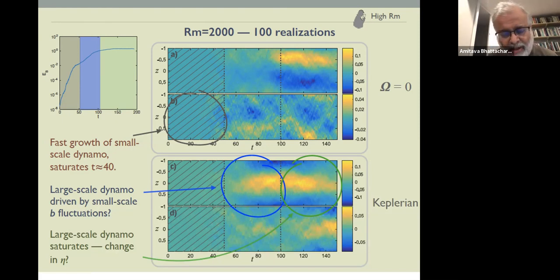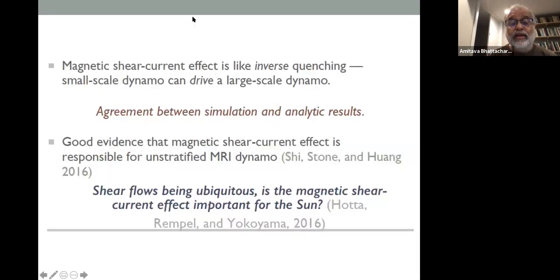What may be happening? Is there any evidence that this could be happening in the sun? And I want to cite a beautiful study by Hotta, Rempel, and Yokoyama that was published in a Science paper.